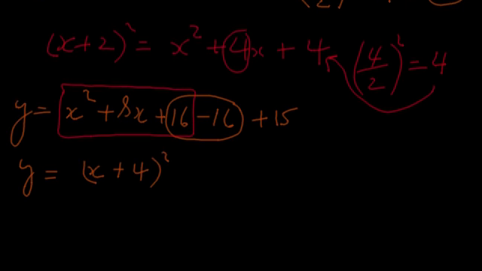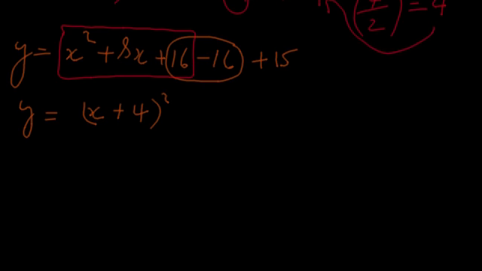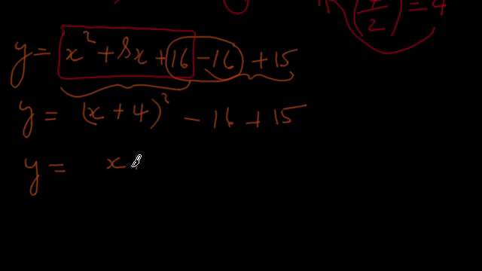So x plus 4 squared is really just x squared plus 8x plus 16. That takes care of these 3 terms, and then we're left over with negative 16 plus 15. And finally, negative 16 plus 15 is just negative 1.